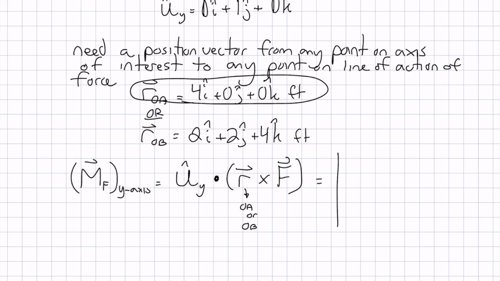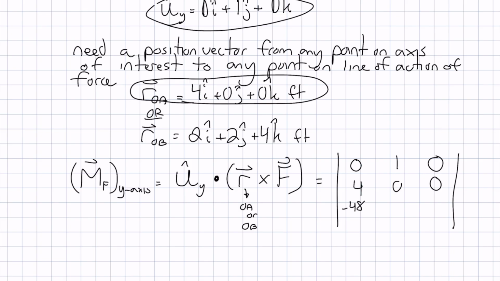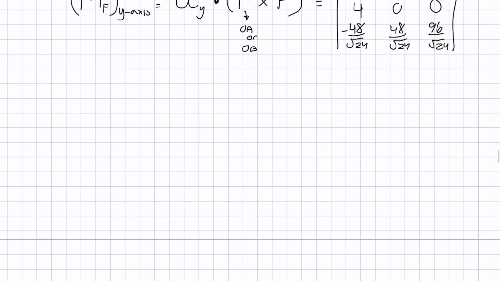So with the triple scalar product, the top row is that axis of interest, so this is going to be 0, 1, and 0. I'm going to use ROA, so that's going to be 4, 0, and 0. And this is going to be the force: negative 48 over root 24, 48 over root 24, and 96 over root 24.